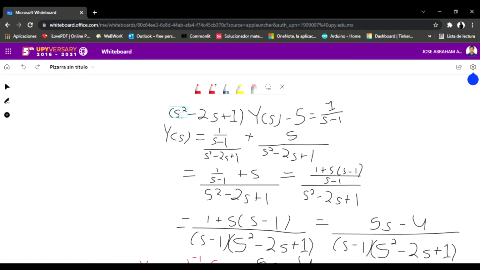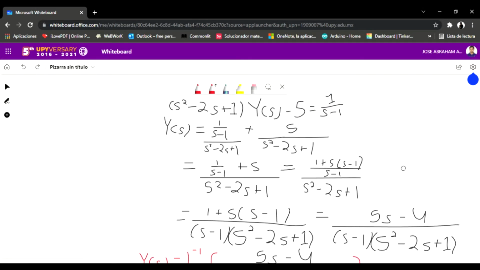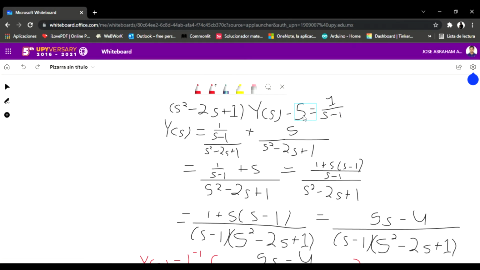We have s squared minus 2s plus 1 times capital Y of s minus 5, all of this equal to 1 over s minus 1. As we have the negative 5 here, this crosses the equation to the other side as positive.